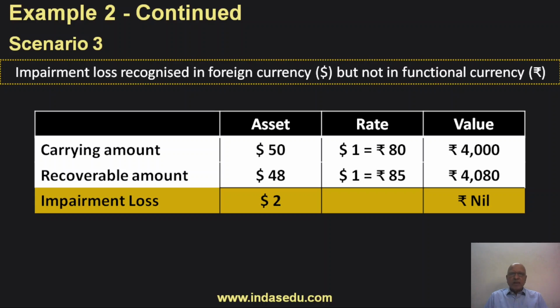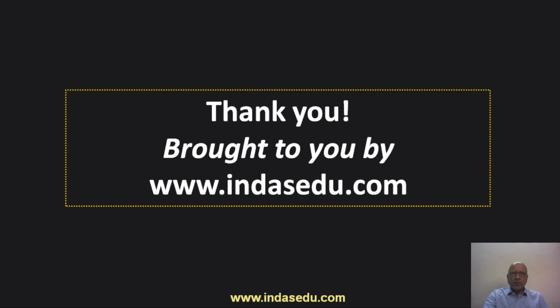So there is an impairment loss under foreign currency. Carrying amount is more than the recoverable amount by $2. But there is no impairment in functional currency because the recoverable amount of 4,080 is more than the carrying amount of 4,000 rupees. So there is an impairment loss in foreign currency but not in functional currency.